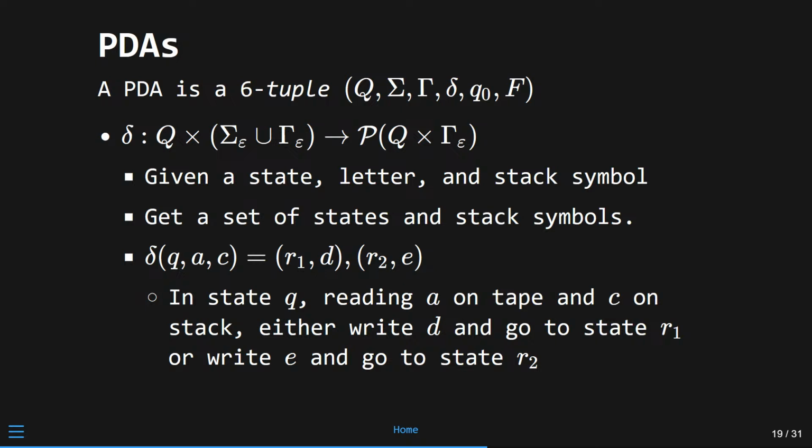It just isn't interesting. One of the ways to get around this when you're writing a proof is, we take the PDA that has the minimal number of delta operations. And you say, oh, okay, I'll just take the minimal one. Given a state, a letter, and a stack symbol, we get a set of states and stack symbols. That's all. An example of what this looks like is given state Q, any state Q, given some letter A, any letter A, given some stack character C, any stack character C. Perhaps I should put S there for symbol.